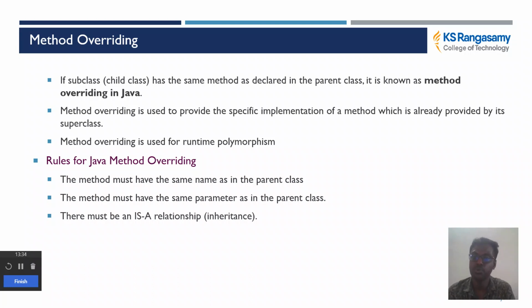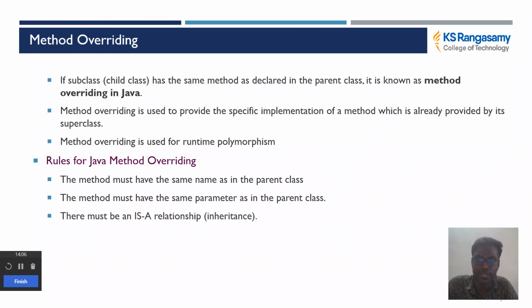What are the simple rules we are going to follow for method overriding? There are three rules that must exist for the method overriding concept. The first one is that the methods must have the same name as in the parent class. That means subclass methods must have the same name as in the parent class. The second point is that the methods must have the same parameters as in the parent class. Both the methods in the parent class and child class have the same name and the same parameter list.